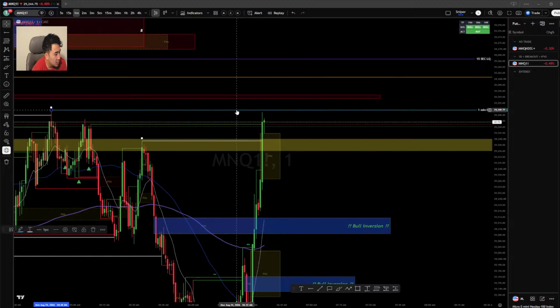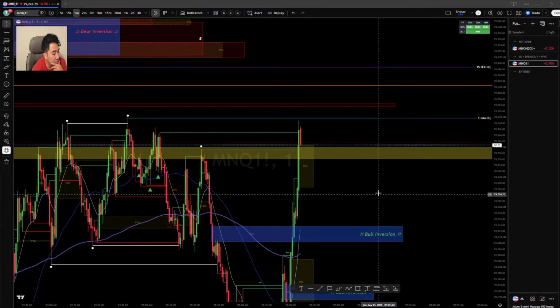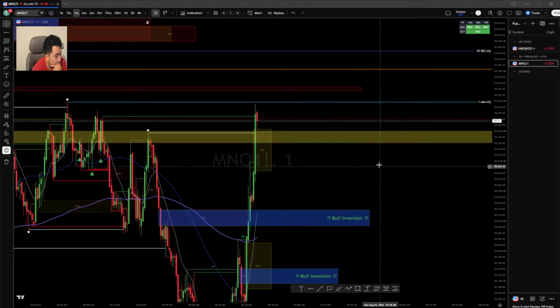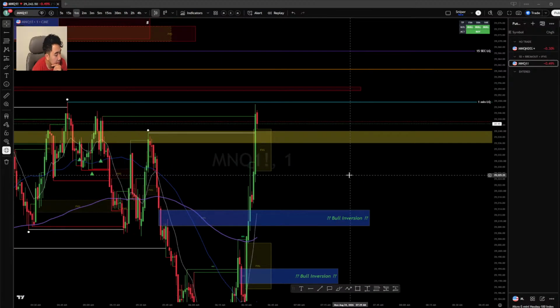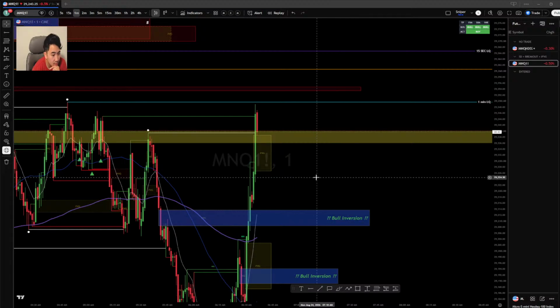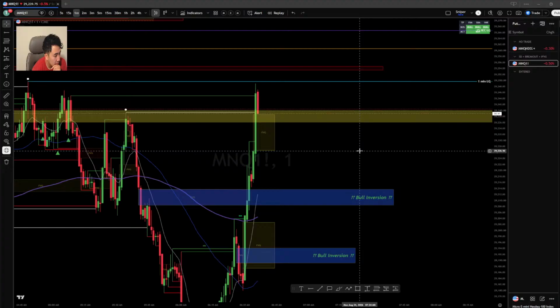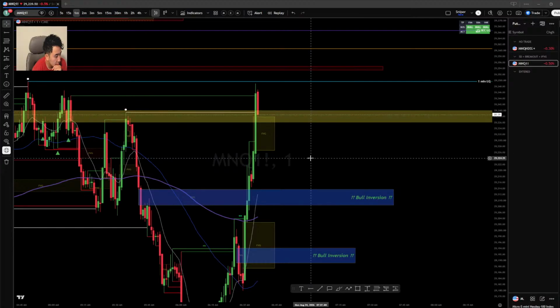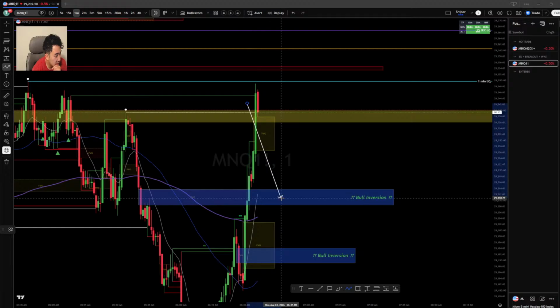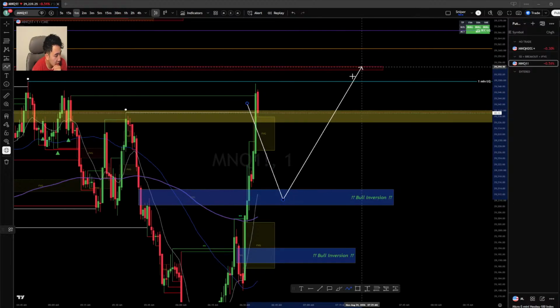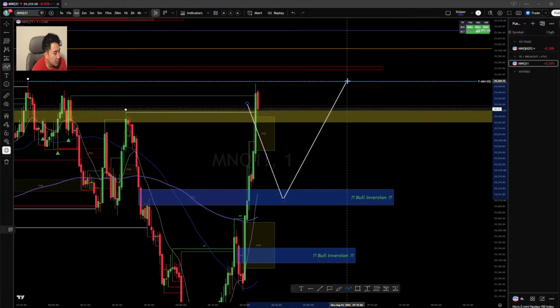Might take this 1 minute liquidity as well. Possibly if price comes back down to this bullish inversion, then we could target liquidity up above.